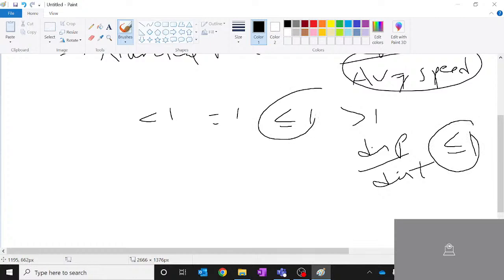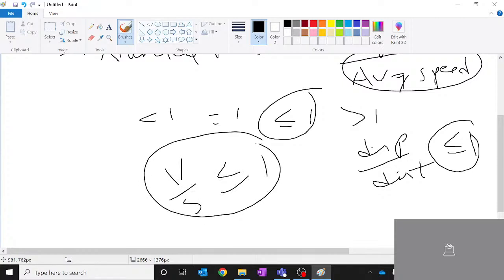Similar, the same concept: velocity and speed ratio is also less than or equal to 1. Clear? Understood the concept?